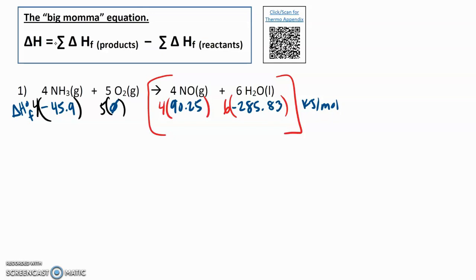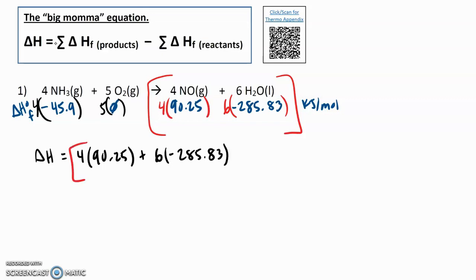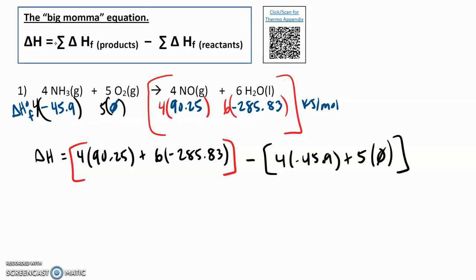So our delta H is going to be equal to 4 times 90.25 plus 6 times negative 285.83. This is the sum of all my products, and then I'm going to subtract out all of our reactants. You really don't need to do the 0 part, but I'm doing it now for emphasis so you know where I'm getting these numbers from.